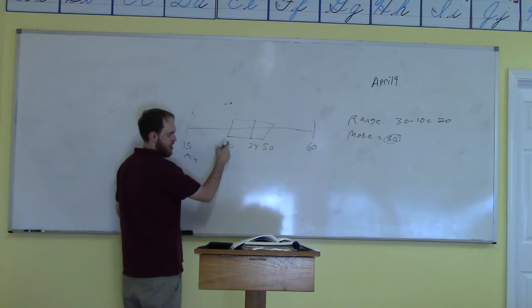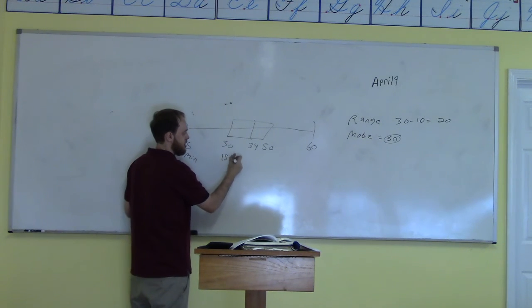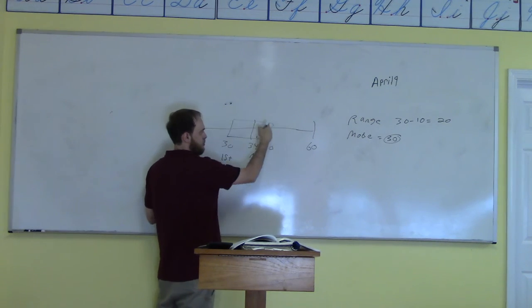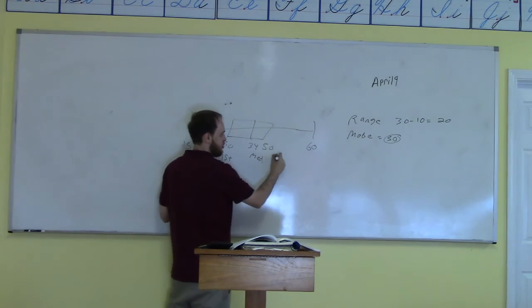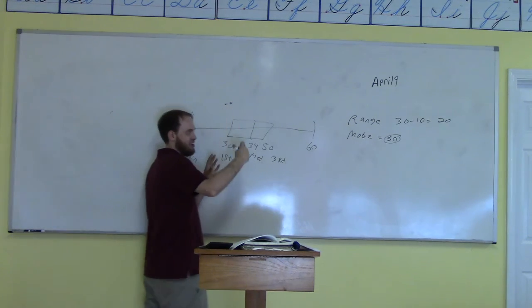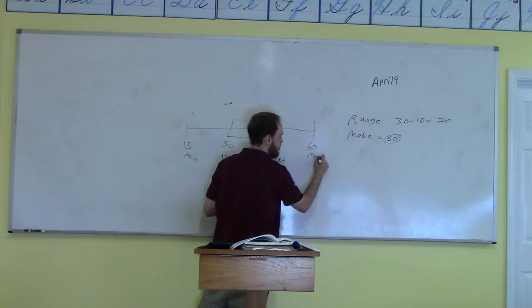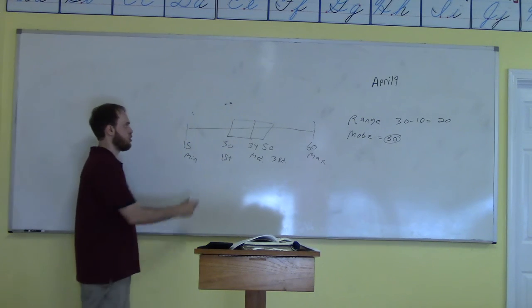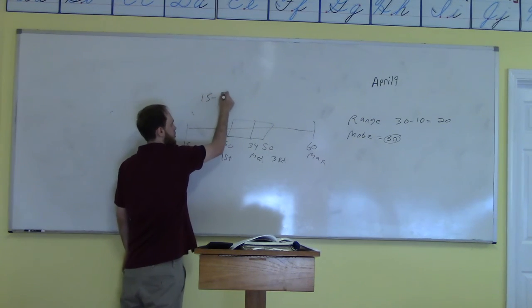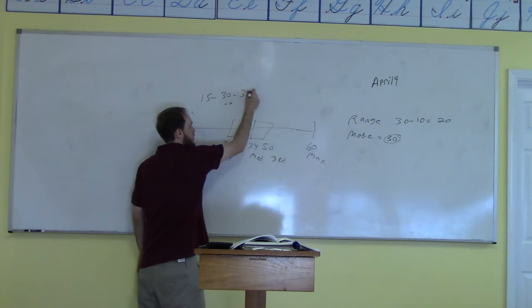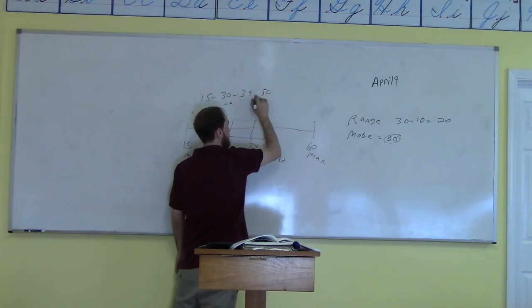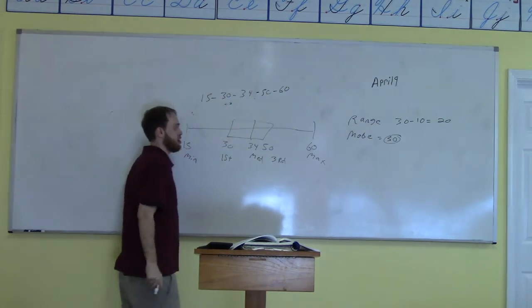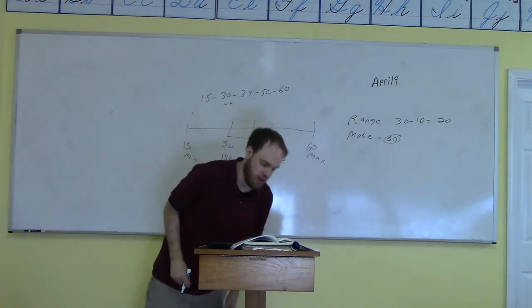The 30 here at the edge of the box represents the first quartile. The middle represents the median. The edge of the box there represents the third quartile. And then the very last number represents the maximum. And so the 5-number sequence for this one up here I just did on the board would be 15, 30, 34, 50, and then 60. And so that would be the 5-number summary based on the box and whisker plot.